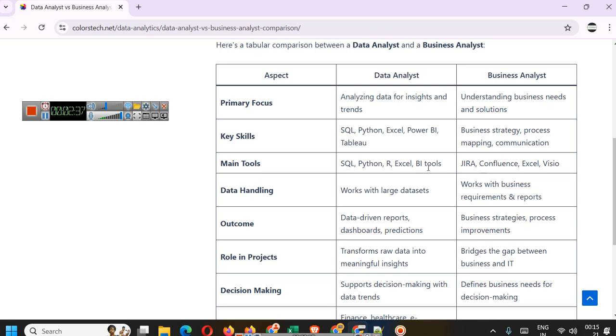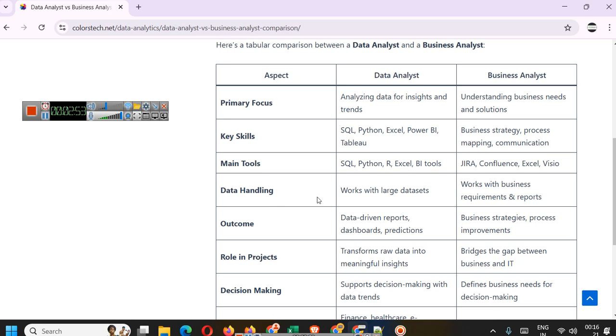Excel and BI tools are also a requirement for these roles. For a business analyst, if you have knowledge of JIRA, Confluence, Excel, Visio, that will be good for you.